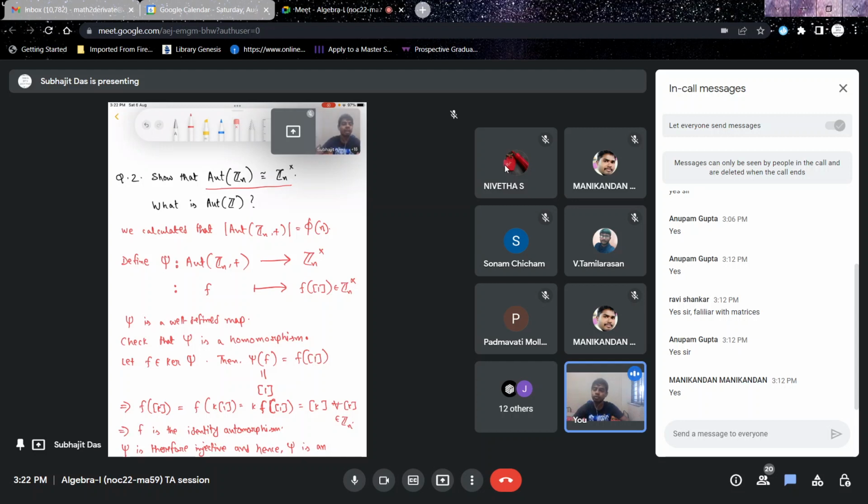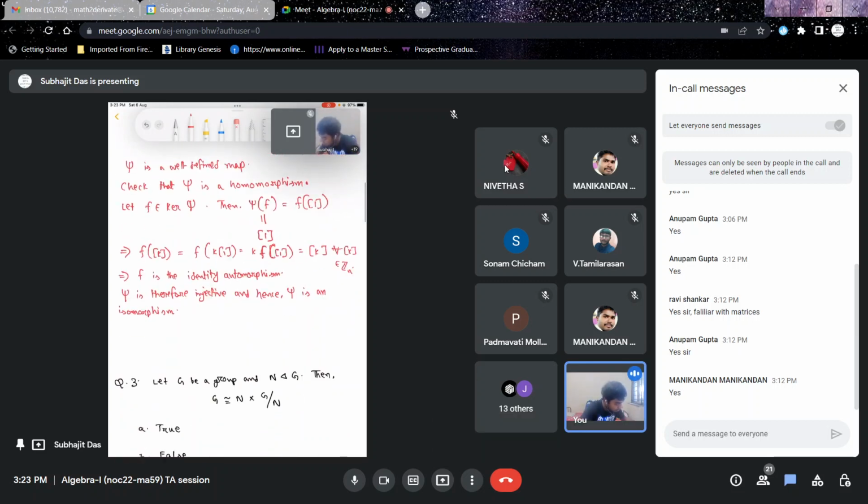So if phi is an automorphism of Z, that is, if phi is a bijective homomorphism of Z onto Z, then phi should take 1 to either 1 or -1, right? If phi takes 1 to 1, you just get the identity automorphism, and if phi takes 1 to -1, you just get this particular automorphism. So you have two automorphisms.